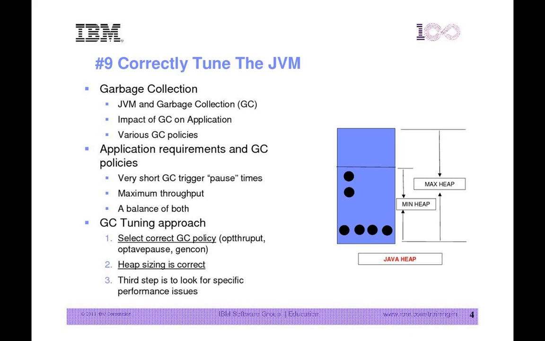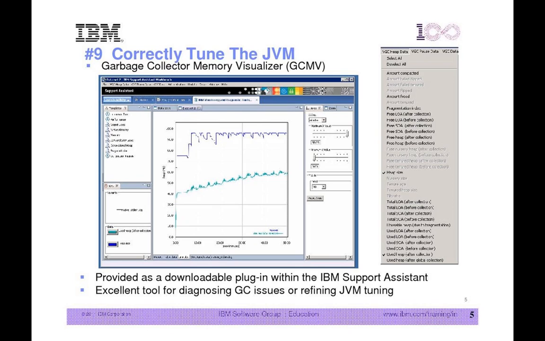When you enable verbose GC, it dumps all the GC activity into a standard log file, which in the WebSphere case is the native_stderr.log file. In the WebSphere admin console, you will find the JVM settings, and you can enable verbose GC there, and it will dump all the GC data into the native stderr file.